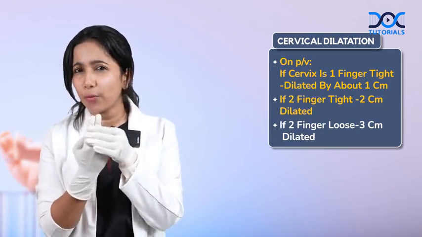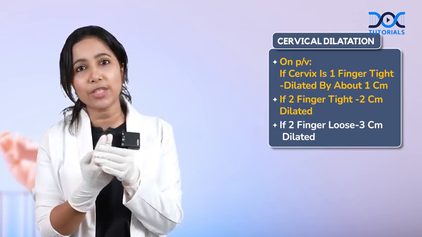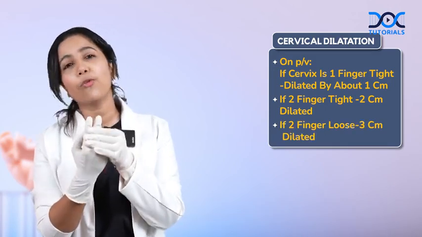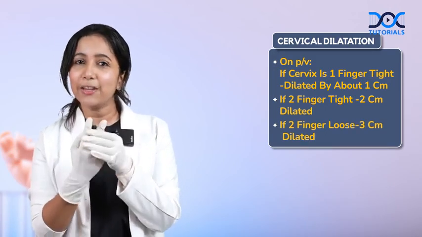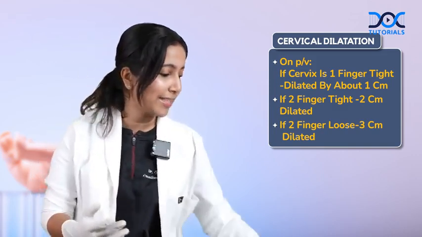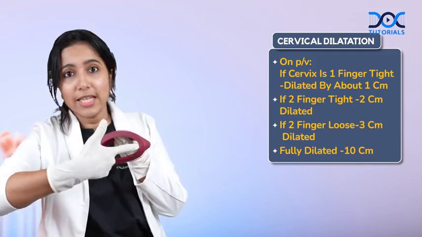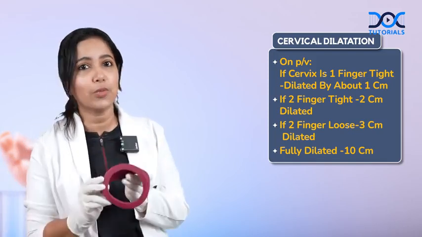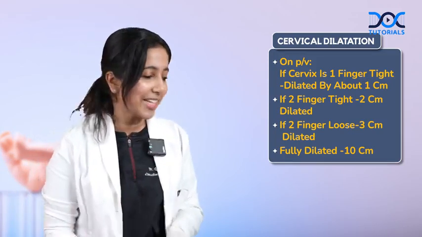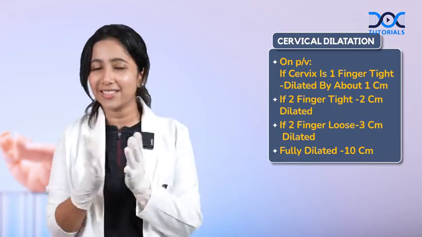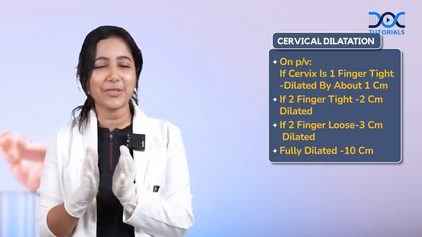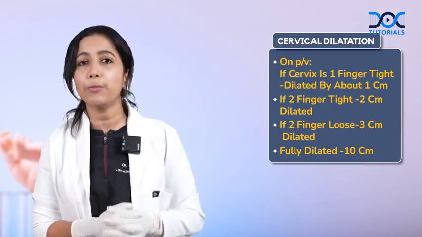Two fingers tight is 2 centimeters. Slightly loose 2 fingers is 3 centimeters. Further on it goes to 4, 5, 6, and finally 10 centimeters, which is the fully dilated cervix. My best tip is to take a scale and see how it goes, so that you get a general assessment when you do the PV as well.